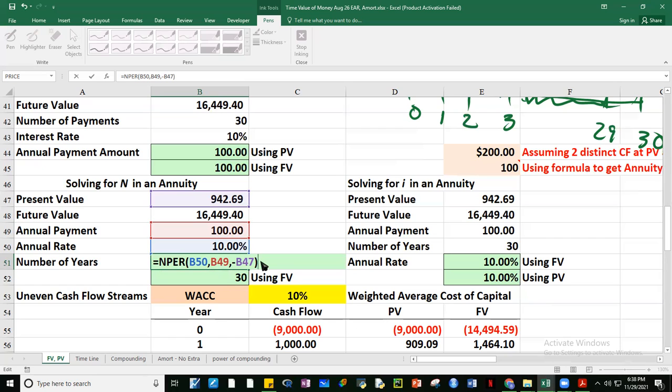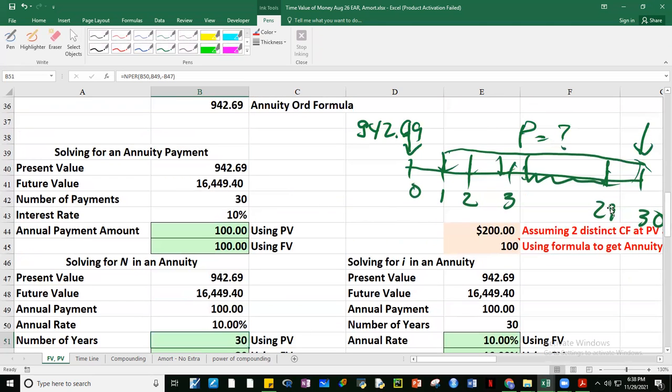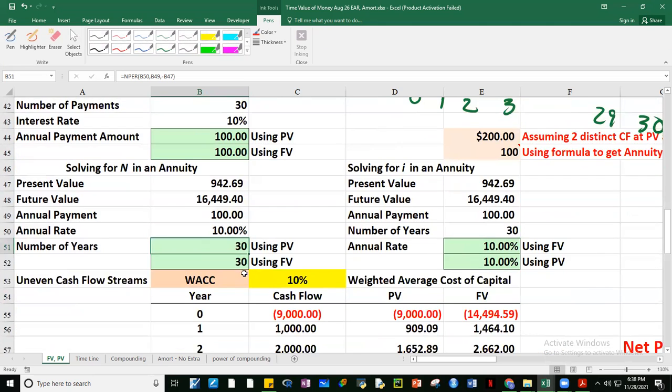So that's what this means. No? Let's check if this is 30 years. Yes, it's really 30 years. So it validates the equivalence a while ago. Okay, and we can also do that using future value. Okay, here for the future value, we use 16449, and then one of them has to be negative. So I can either make my PMT negative or my FV negative.